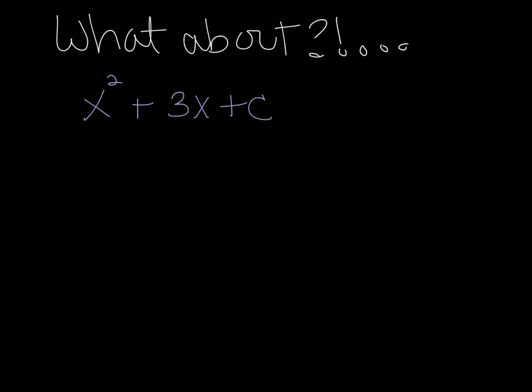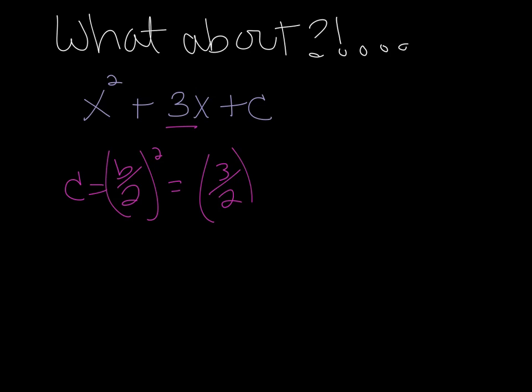Alright, and then lastly, this one's a little bit trickier. x squared plus 3x plus c. We still have to find c, and we just said that our formula is to take b and divide it by 2 and square it. So looking at this function here, b is going to be 3. So it's 3 over 2 squared. At this point, you might think, uh-oh, 3 divided by 2 doesn't actually divide evenly, but that's okay. That just means c is going to be a fraction.